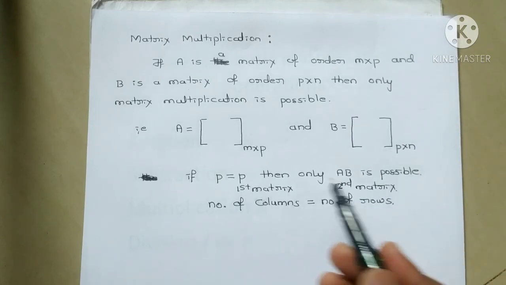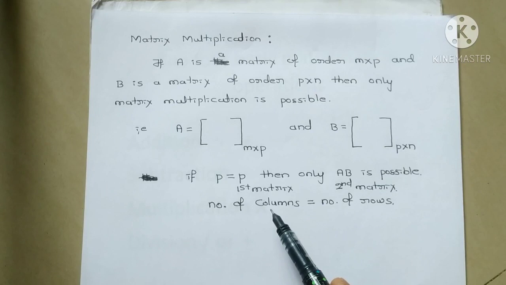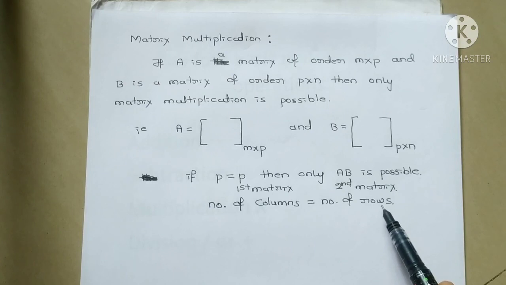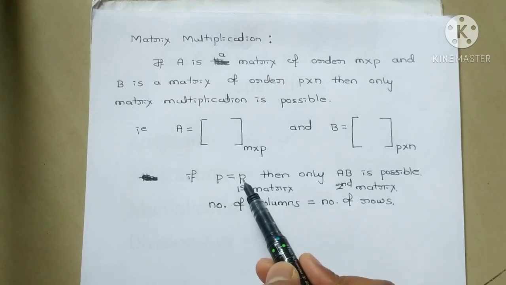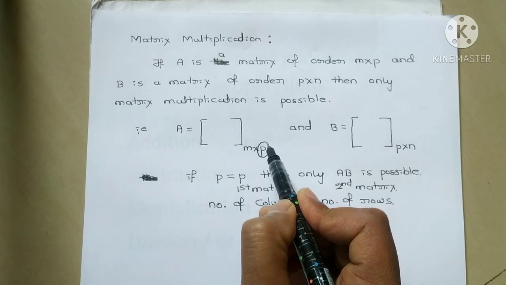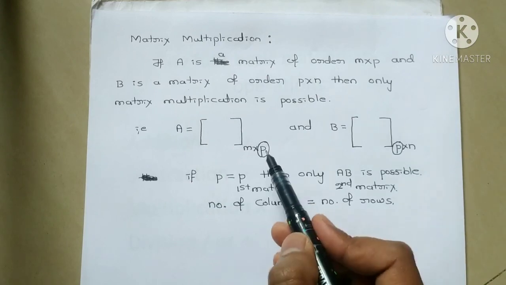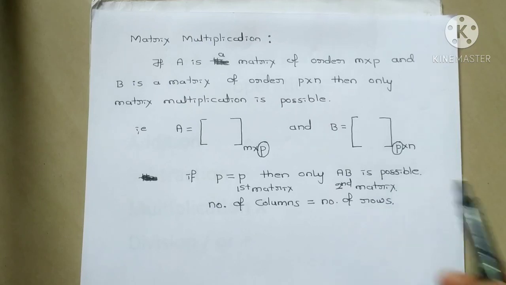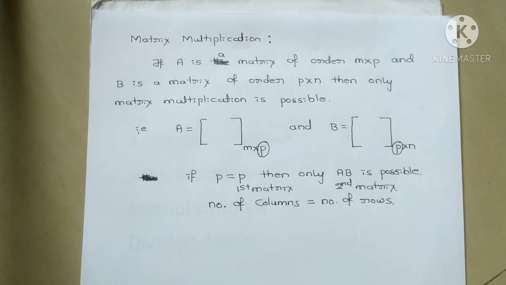Whenever you are doing matrix multiplication, in the first matrix you check number of columns, and in the second matrix you check number of rows. If both are equal, that is p equals p, here number of columns p, here number of rows p, then only AB is possible. Then only matrix multiplication is possible.